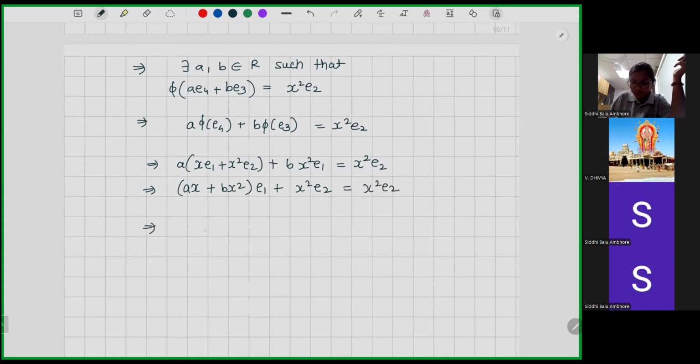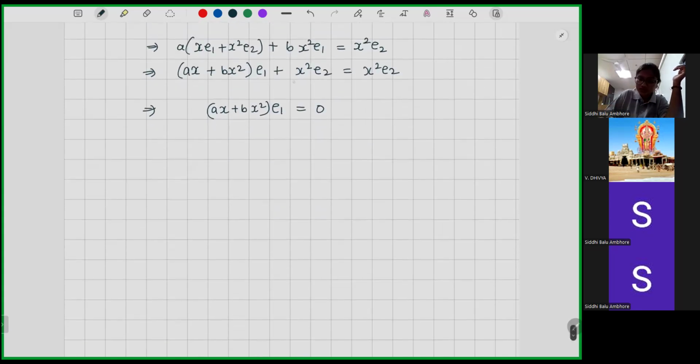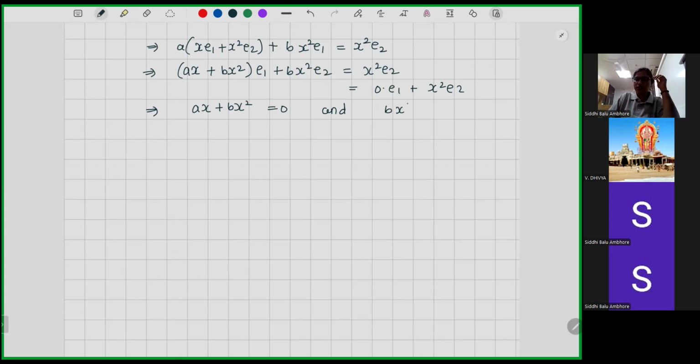So if I compare both sides, Ax plus Bx square is 0 dot E1 plus x square E2. So Ax plus Bx square is 0, and Bx square is equal to x square. These imply B is 1.